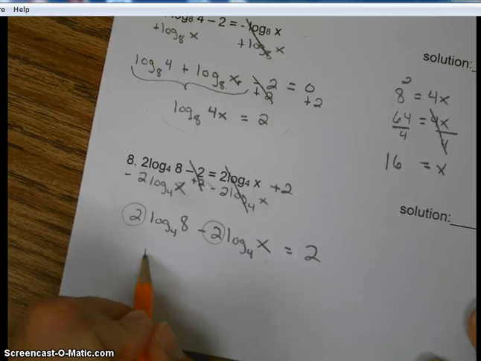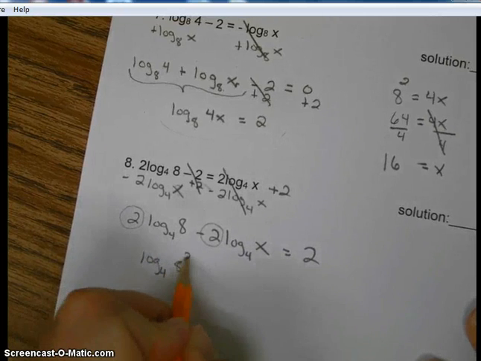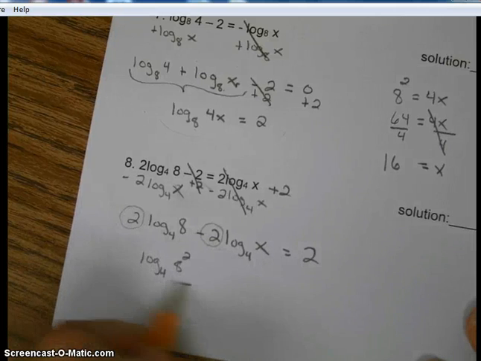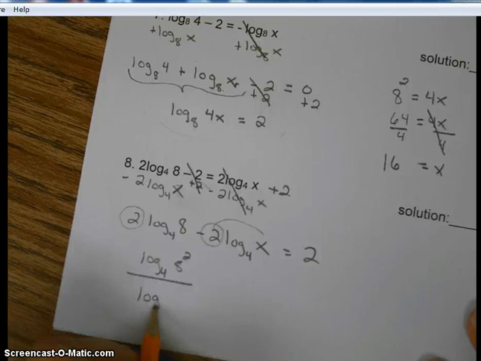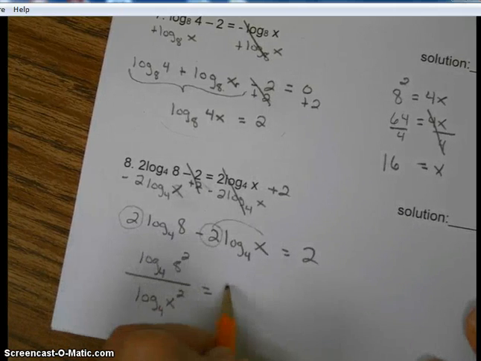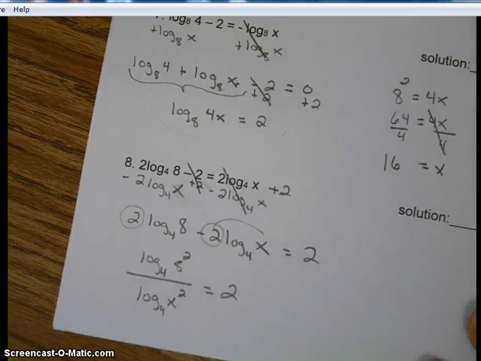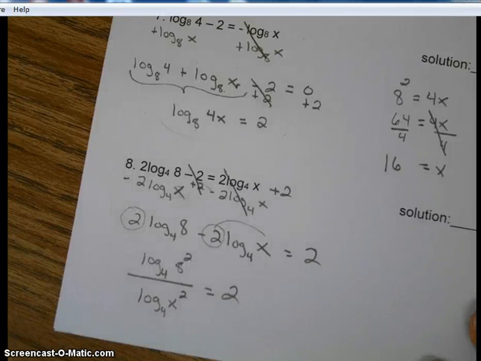So we have log of 8 squared. And then let's do the division and move the 2 up. Equals 2. And I made a mistake, and this mistake is one that was made on the quiz.